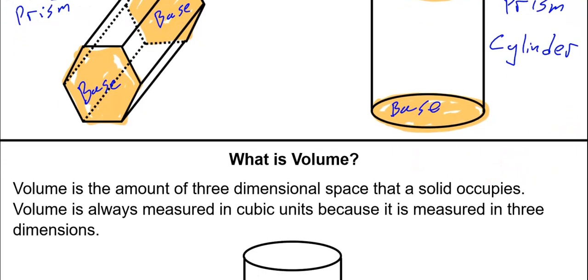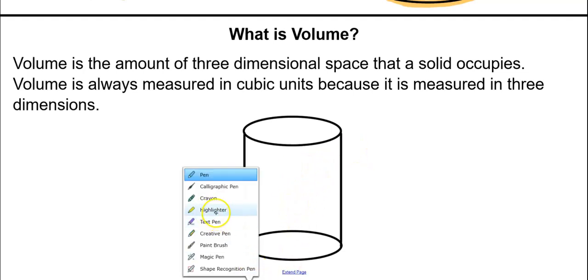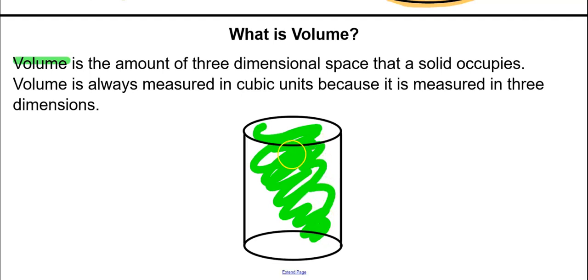Now, cylinders and all prisms have volume. Volume is the amount of three-dimensional space that this thing holds or occupies. Volume is always going to be measured in cubic units. So volume is the amount of stuff on the inside of this solid.